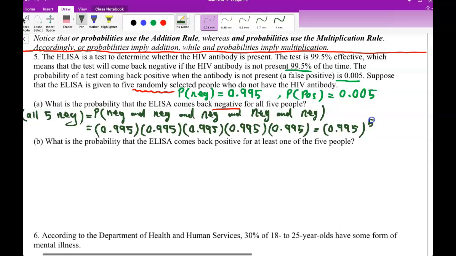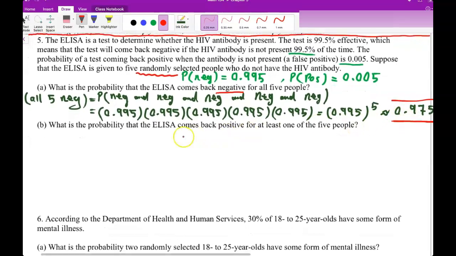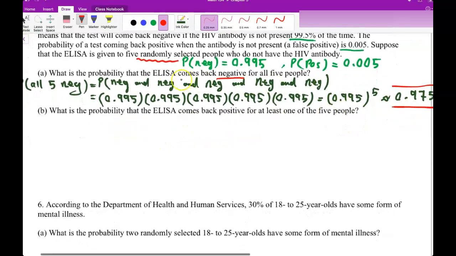Instead we can write it this way, using a power. And rounding, it is 0.9752. So that was the answer for part A.